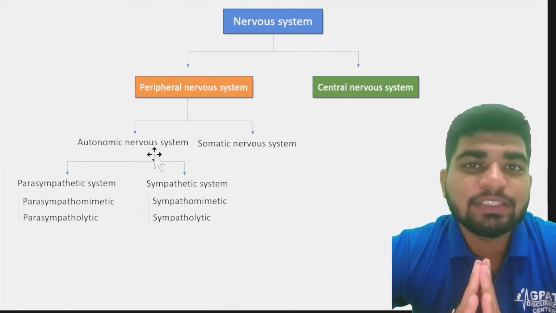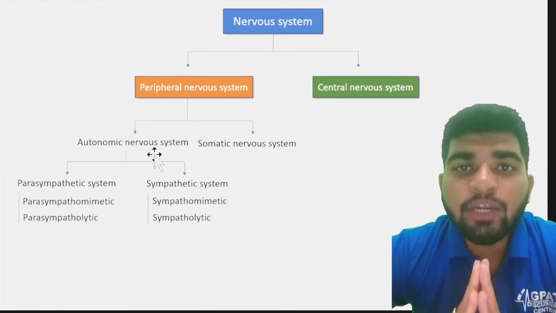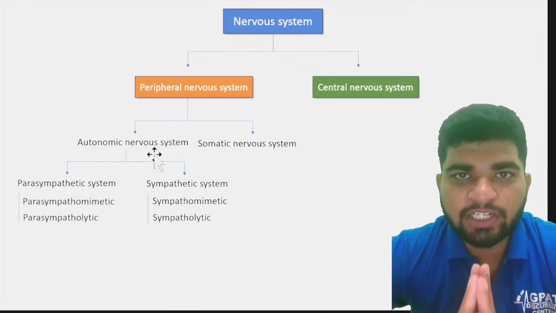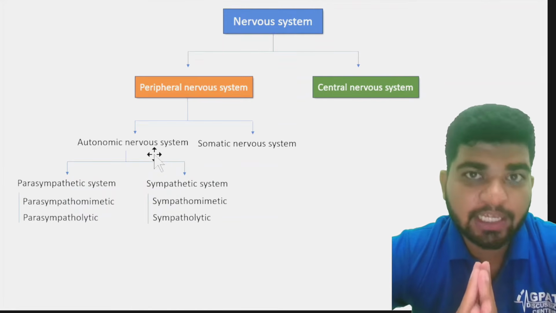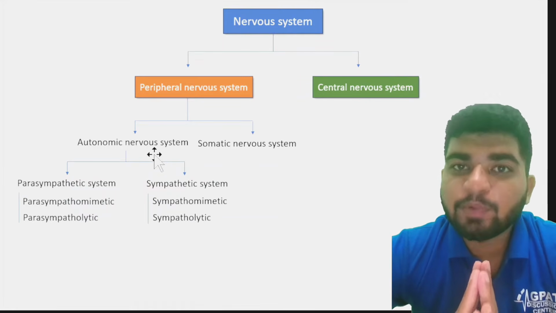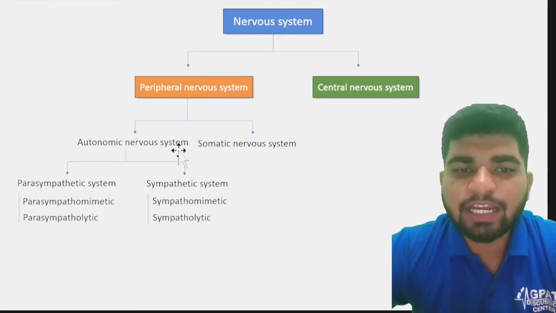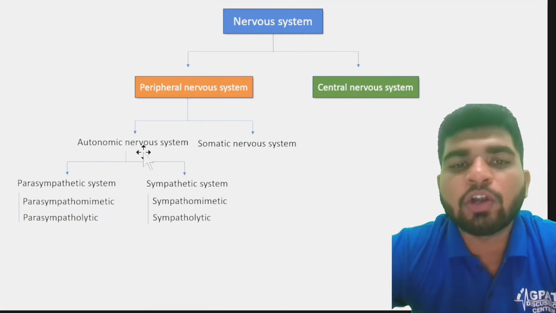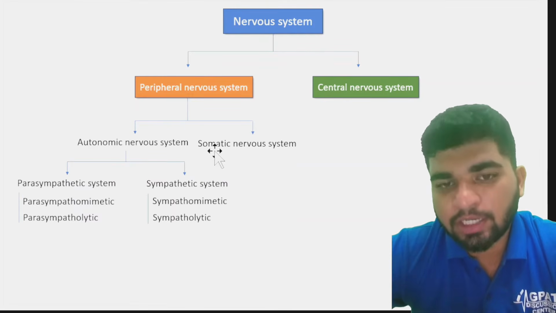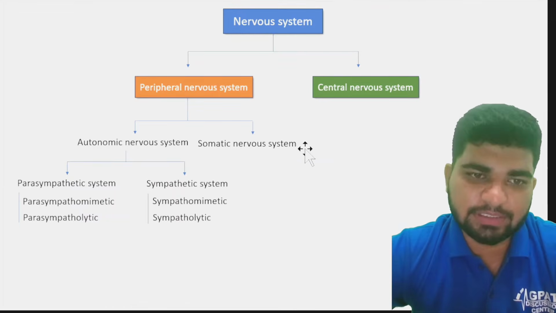The autonomic nervous system belongs to involuntary actions, involuntary movements, involuntary programs in the body. We do have programs in our body, and that kind of programs can be controlled by the autonomic nervous system. Voluntary actions are controlled by the somatic nervous system.